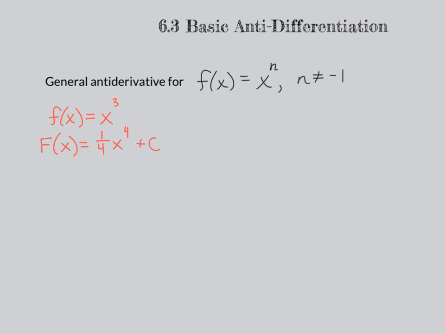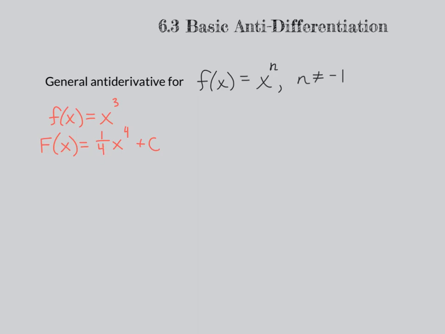Well, let's see what we did here. In this case, our n was 3, right? So for this particular example, we first added 1 to get what our exponent would be in our antiderivative. What did we also do out front? We also divided by that n plus 1.